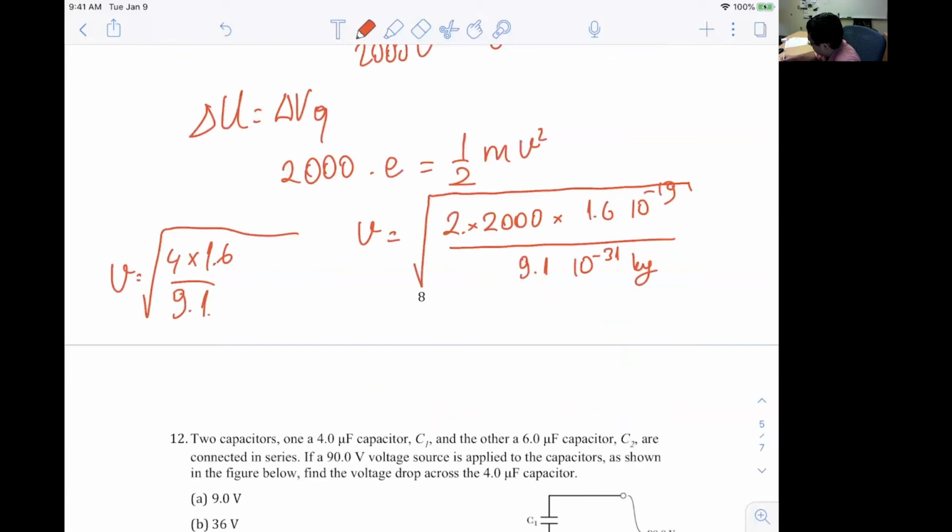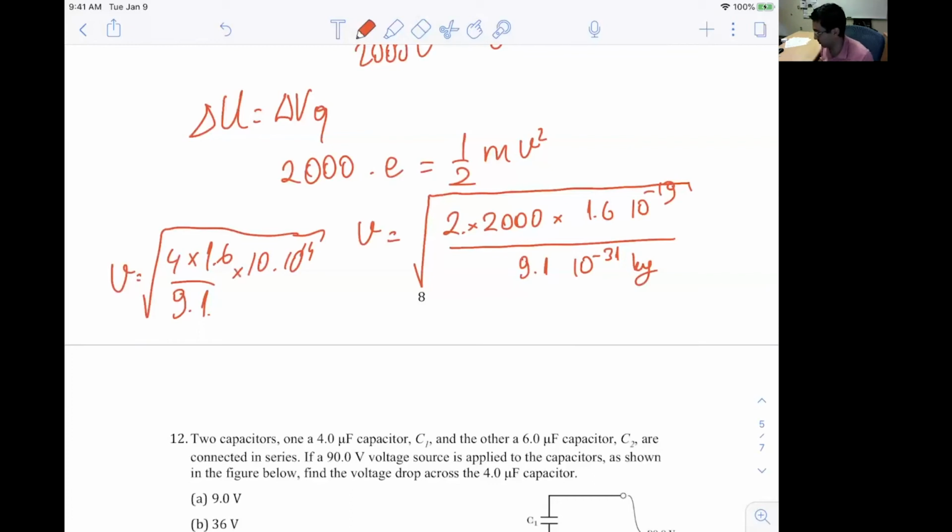You have 10 to the 3, 10 to the minus 16, and 31 is 10 to the 15. Let's do 10 times 10 to the 14. So this will be 10 to the 7.